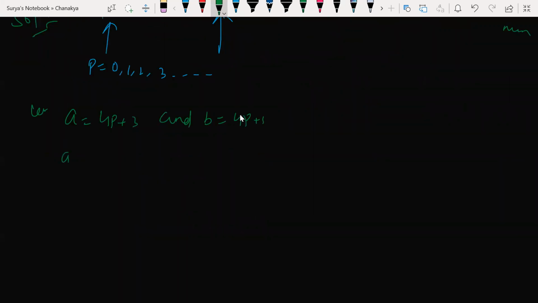Let's talk about given (a plus b) by 2. So (a plus b) by 2 is nothing but (4p plus 3 plus 4p plus 1) by 2, which is nothing but (8p plus 4) by 2. Correct? All right.